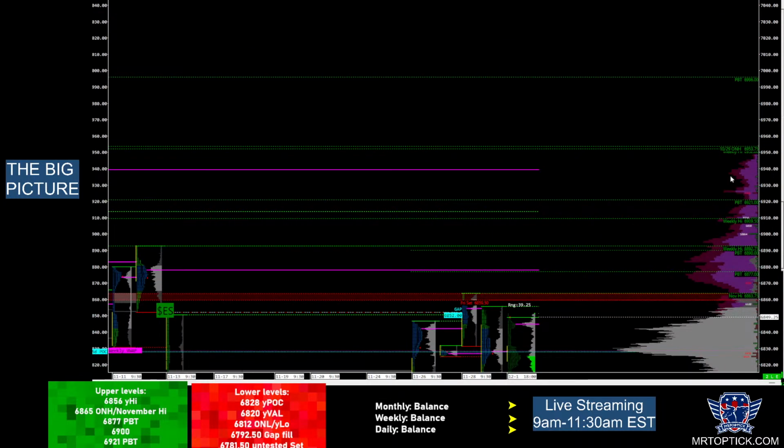Above that, we have a little bit more room to go, and then we have all-time highs. The all-time high that was pending a retest was an overnight high at 69.53 and 3/4 that never got tested during the RTH.